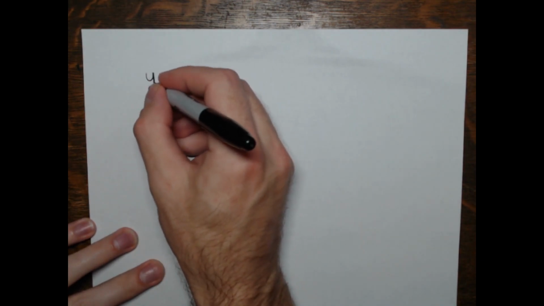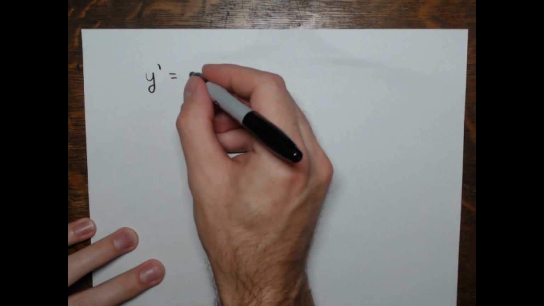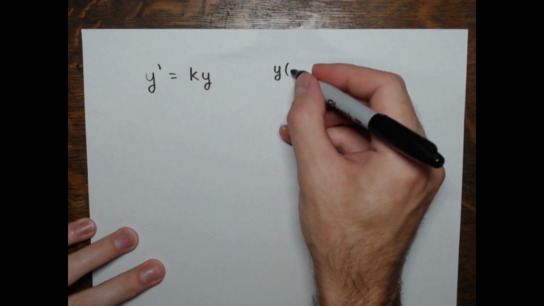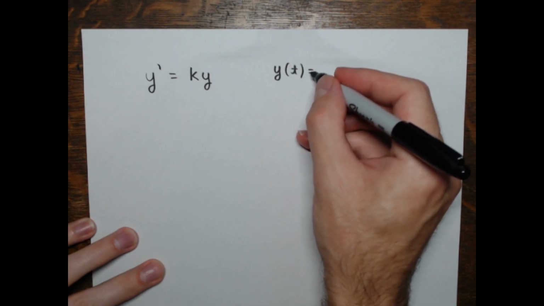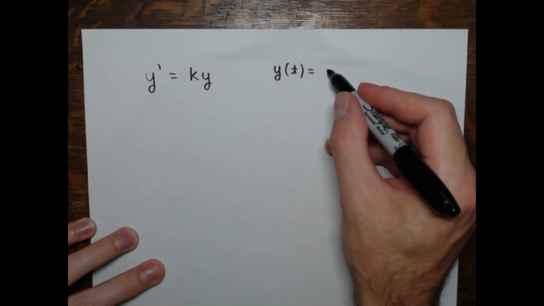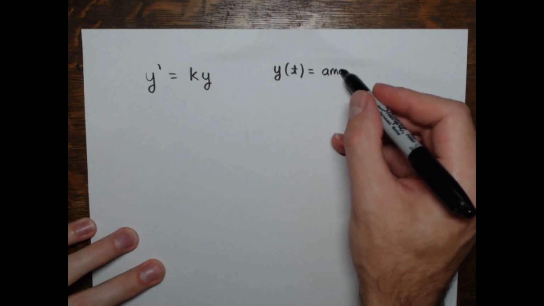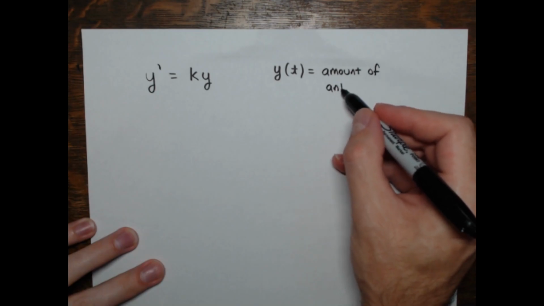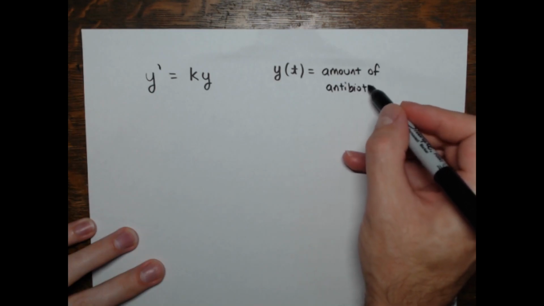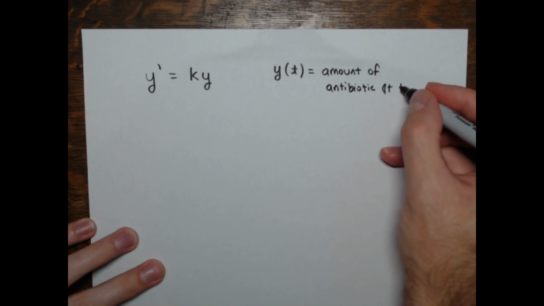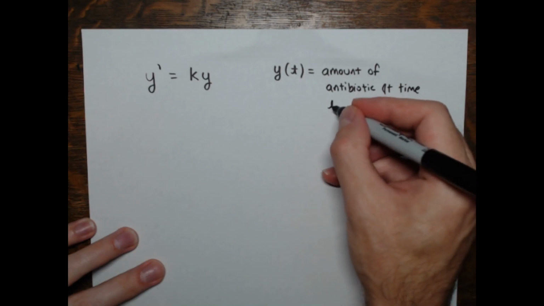The equation we're given here is y prime equals k times y, where y is a function of time, right? So I'm going to use t for time, and y of t represents the amount of antibiotic in the bloodstream at time t, at t hours.